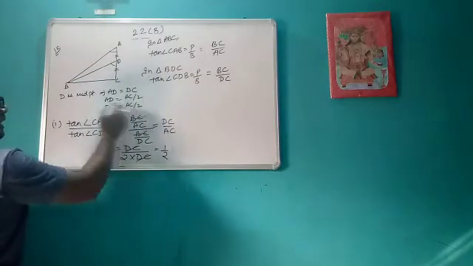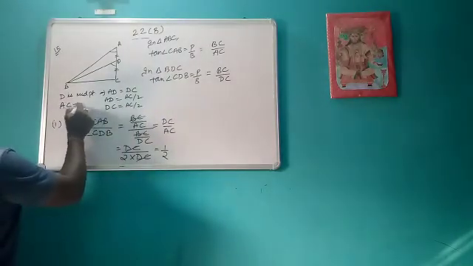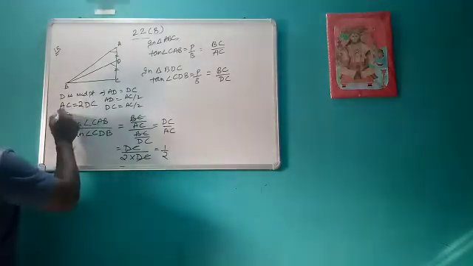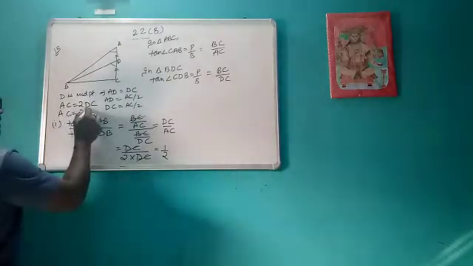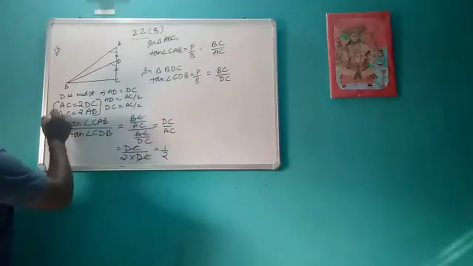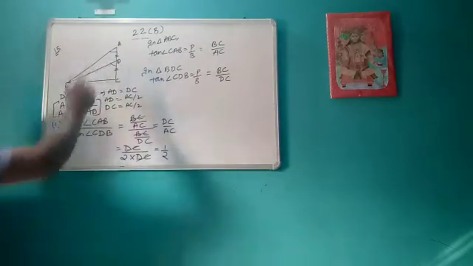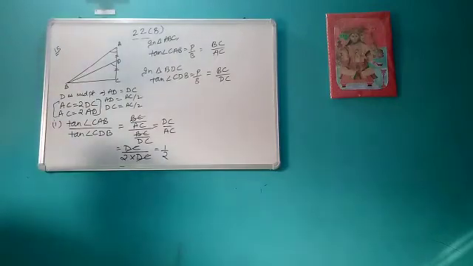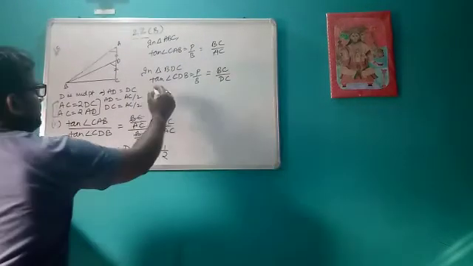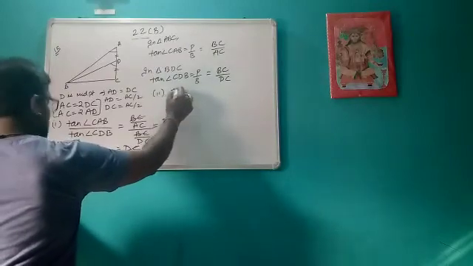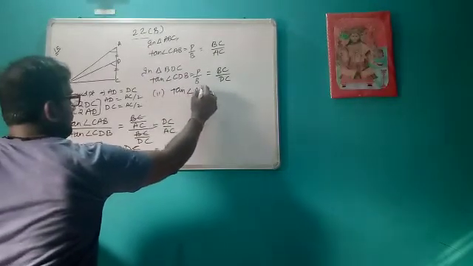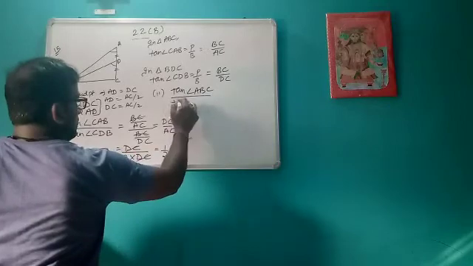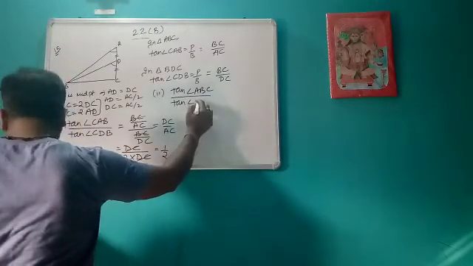Okay, so we can write AC equal to twice DC and AC equal to twice AD also. These two relations, since it is a midpoint, so these two will be the double of DC.